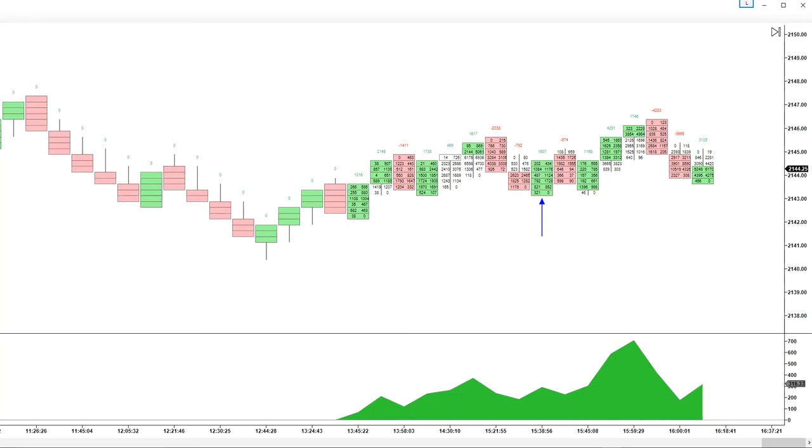Now, the total disparity within the candle here is known as the delta. And this candle has a positive delta of 1607.